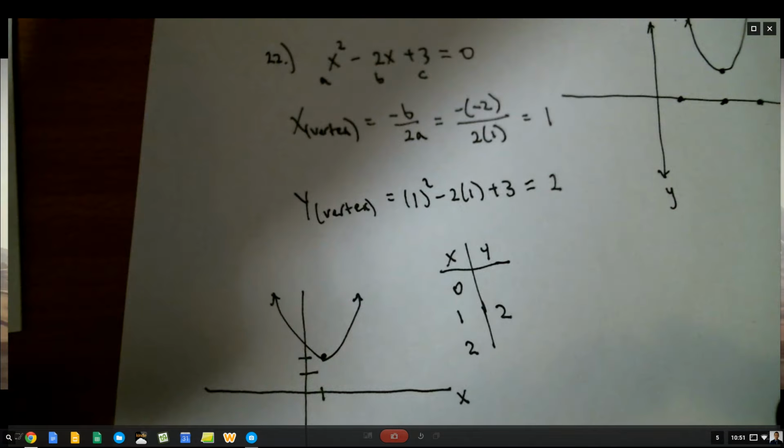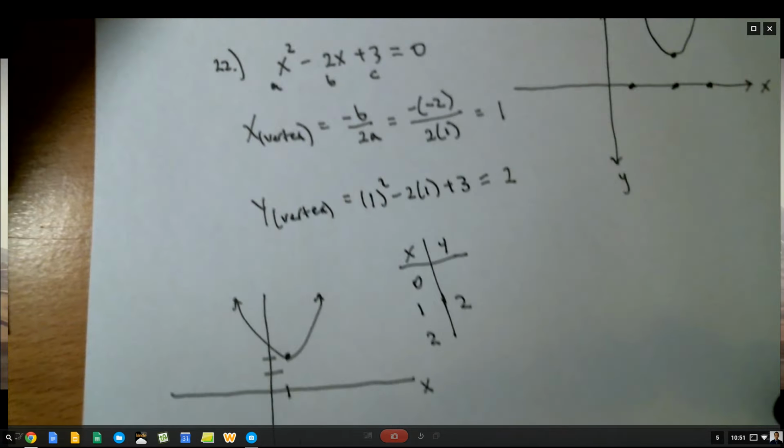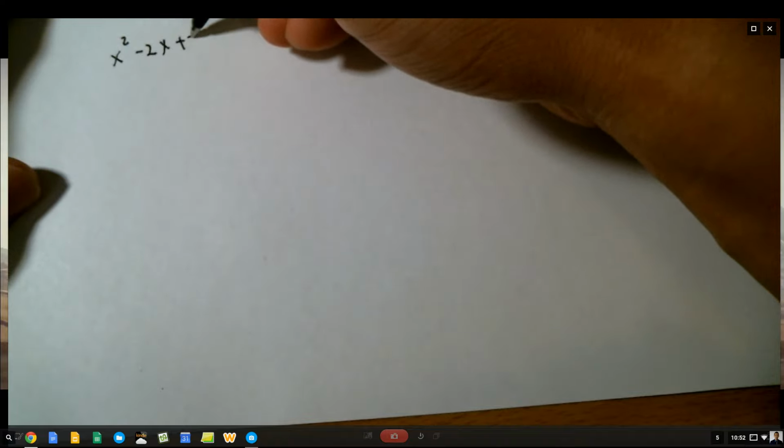So the other way to do this is by using the quadratic formula. So let's try that. x squared minus 2x plus 3 equals 0.